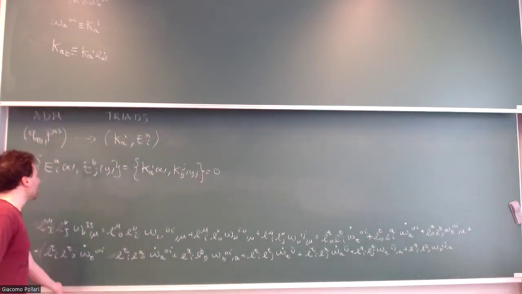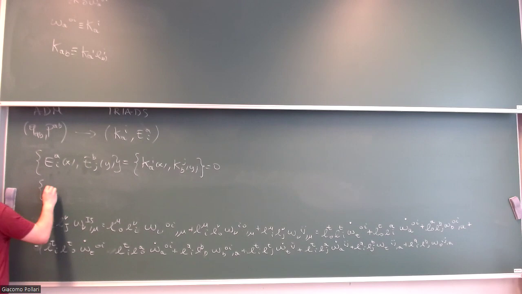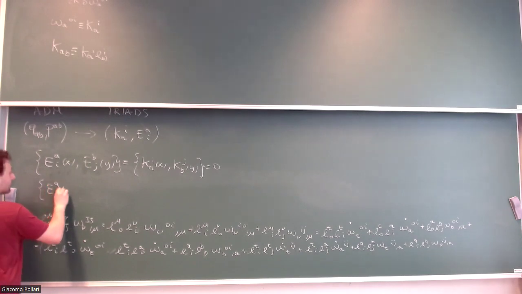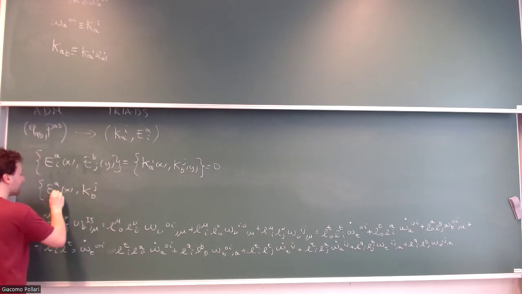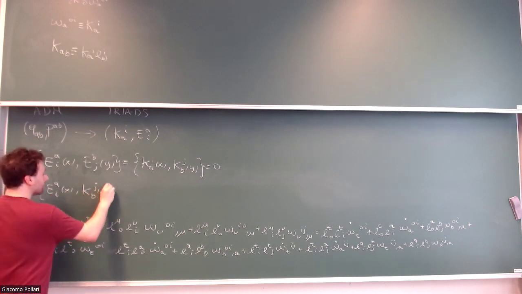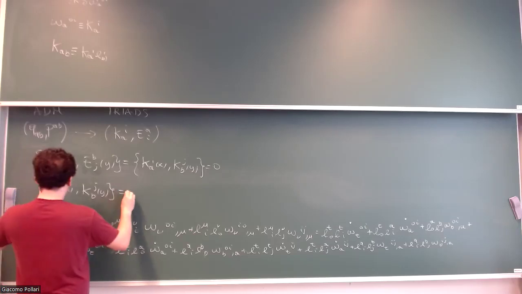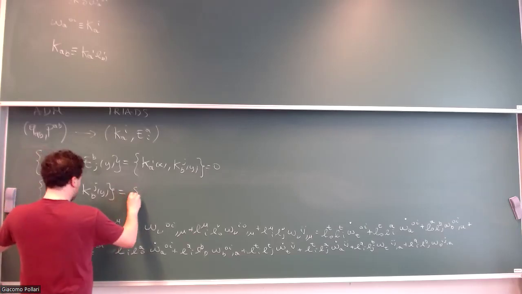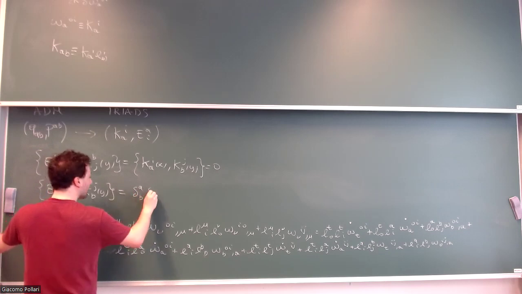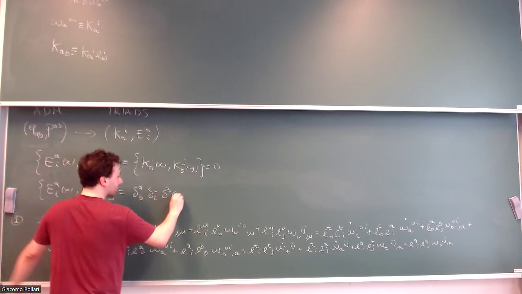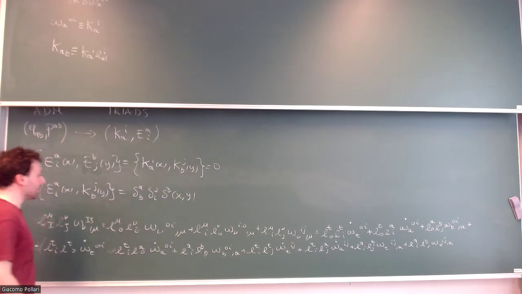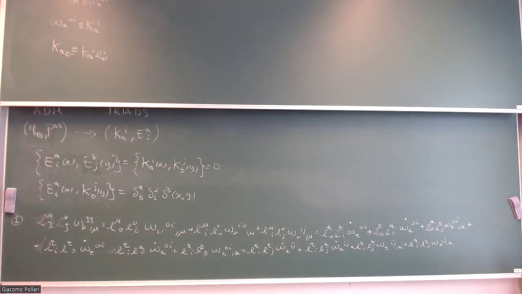Zero, and you have delta. Okay. So we have this symplectic structure.